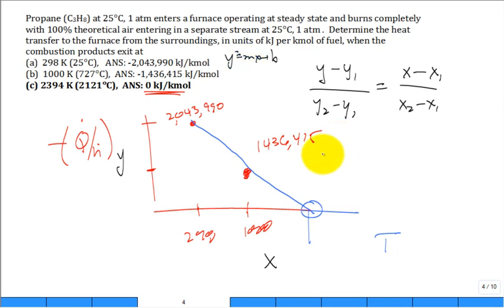So I'm really interested in my Y1. Let's pick this one to be the Y1 right here. So this is my 2,043990. And then over here, my Y2 is 1436415. So this is 0.2, this is 0.1, right?